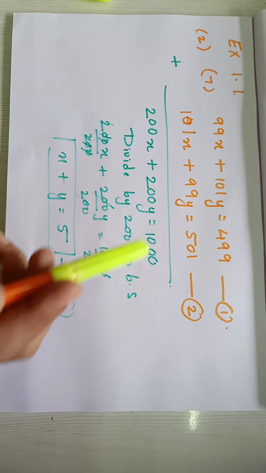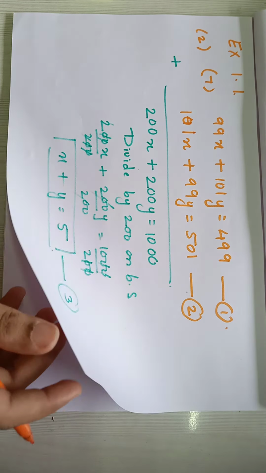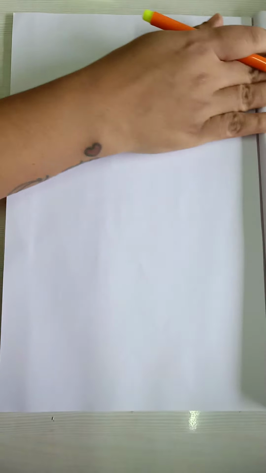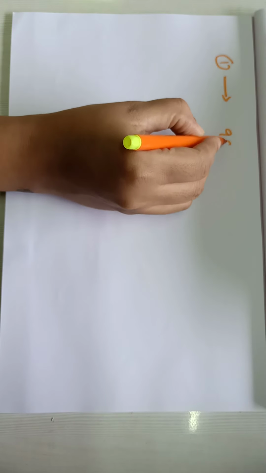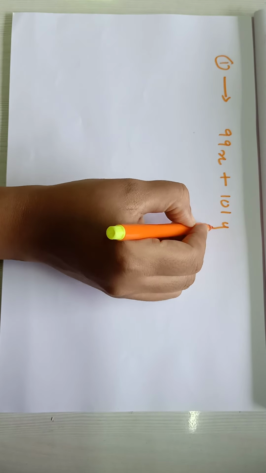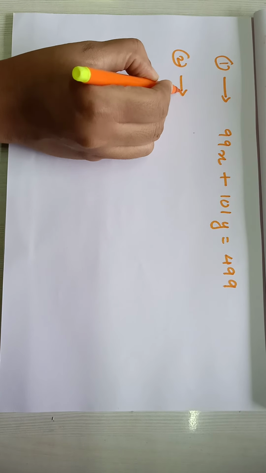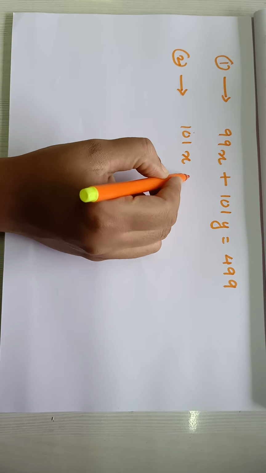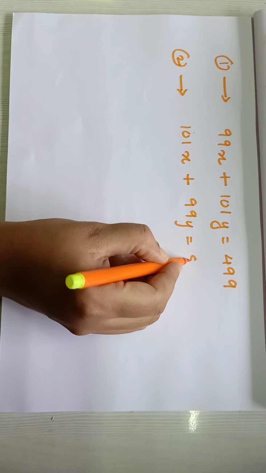Now after adding both the equations, in the next section we will subtract both the equations. So let's write down both the equations again and subtract them. Equation number 1 was 99x plus 101y equal to 499, and equation number 2 was 101x plus 99y is equal to 501.